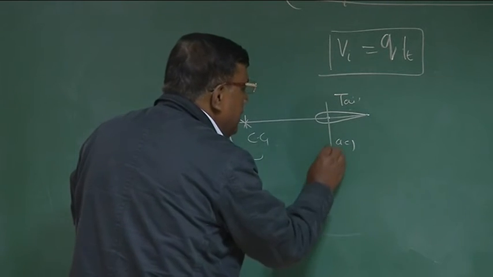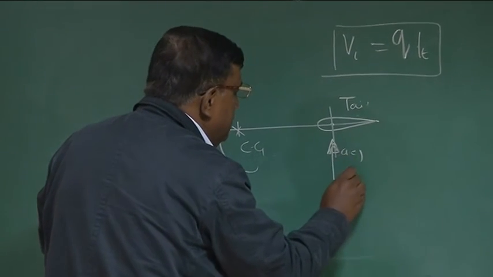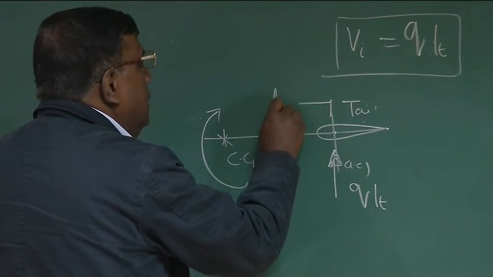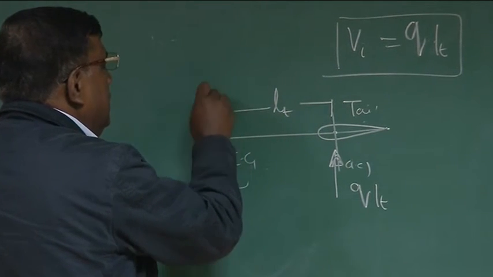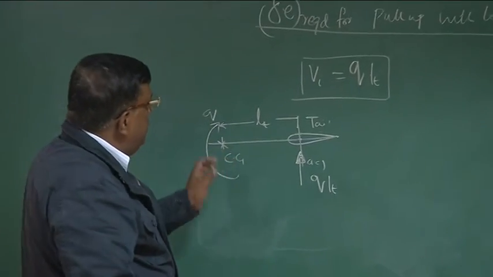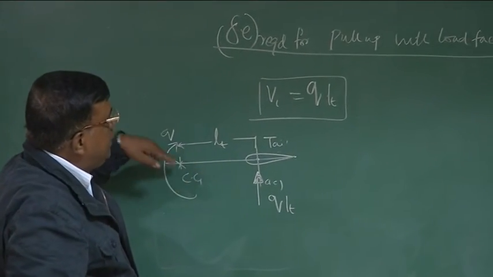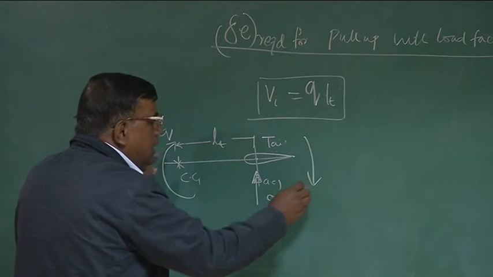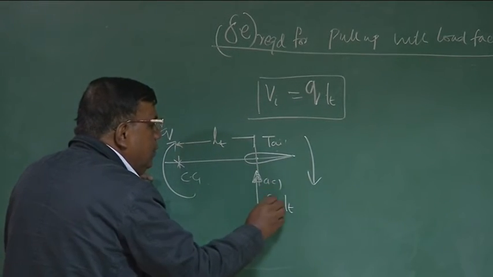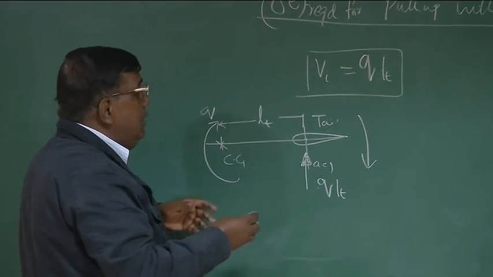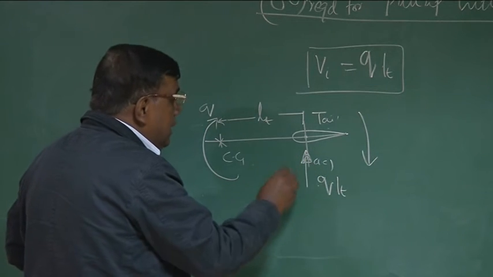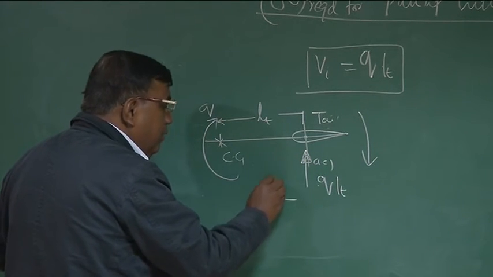So there is a relative air speed, which is Q into LT, where LT is the tail moment arm, we know that, and this is Q. So you could see from here, if this airplane is going for a pitch rate Q, then this tail is going downward like this. So there will be relative air QLT, that is V equal to omega R, right? That will be seen at the AC of the tail. And this airplane is also moving forward.